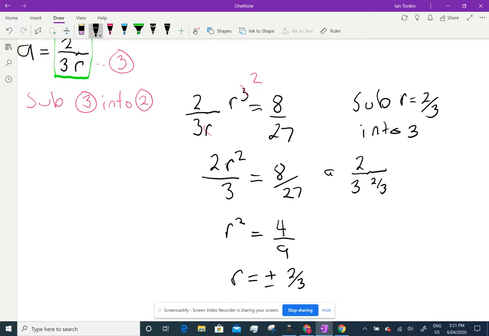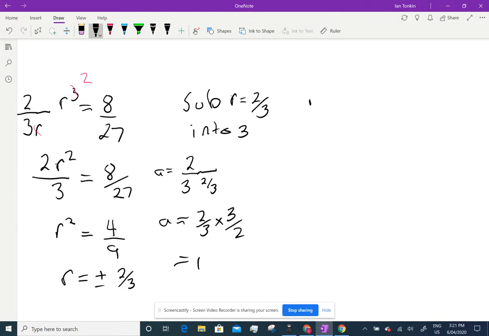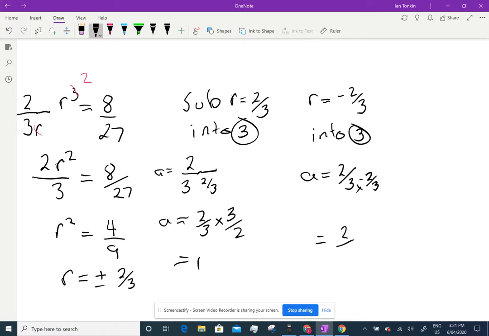You multiply by the reciprocal. So a equals 2/3 times 3 on 2, which equals 1. And if we sub r equals negative 2/3 into 3, we get a equals 2/3 on negative 2/3. Better put a times in there so we know what we're doing. So you multiply by the reciprocal, so 2/3 times negative 3 on 2 equals negative 1.